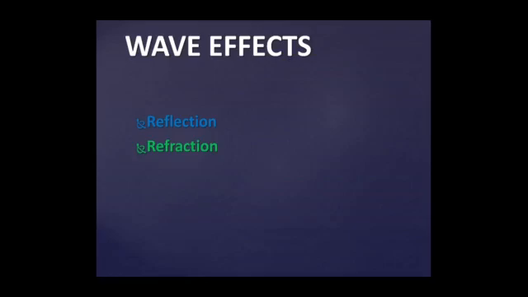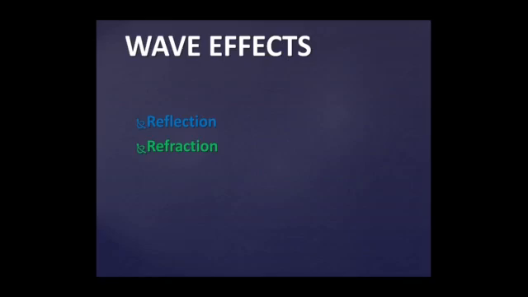Before going to the third one, I know that you are familiar with these two terms because we have already studied reflection and refraction in the chapters on light and sound. Do you remember what is meant by reflection of light?